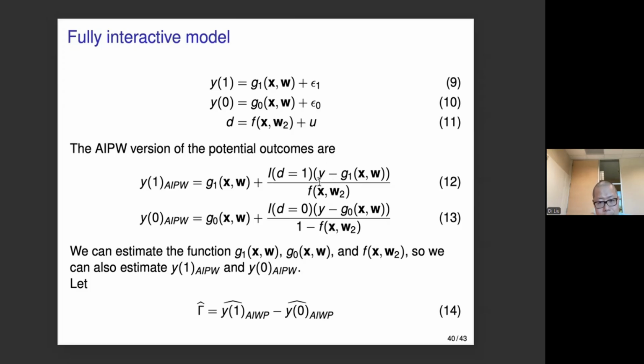This is the augmented term, and this term also depends on the inverse of the probability of getting treated. So it's called the augmented inverse probability weighting term. Similarly for Y0. The purpose of these two extra terms is bias correction. If one model is correctly specified, your AIPW scores are still consistent estimates. That's why we need these two correction terms.